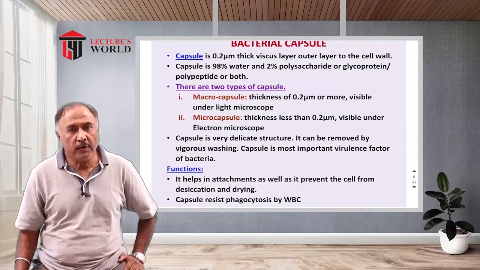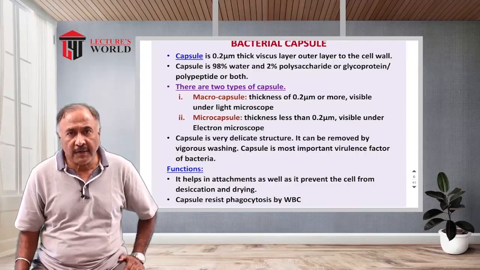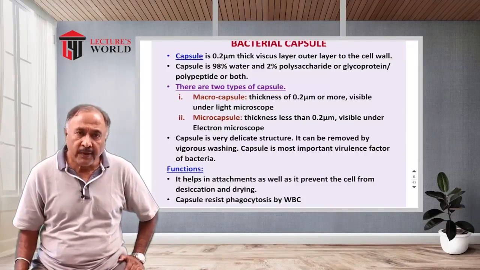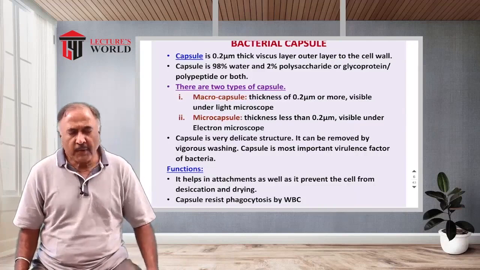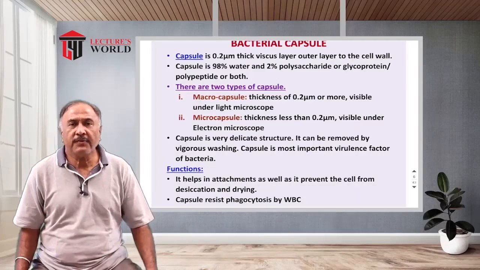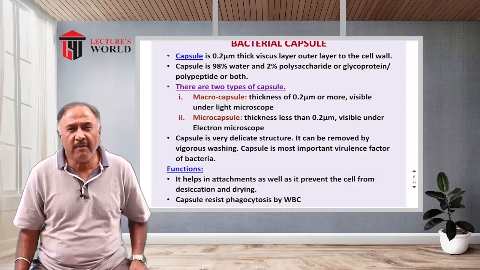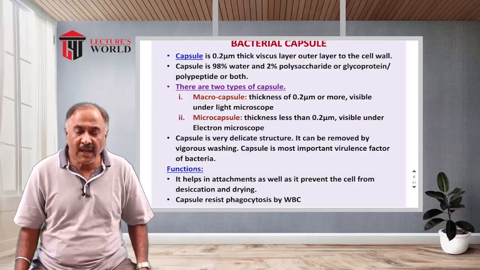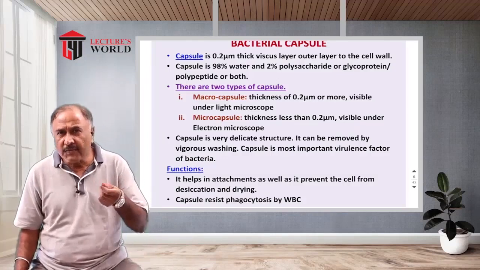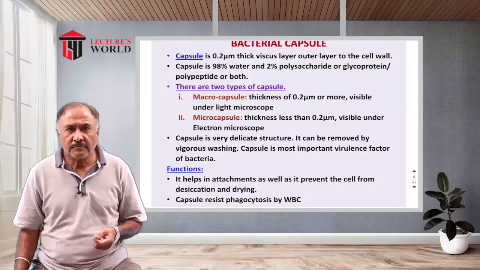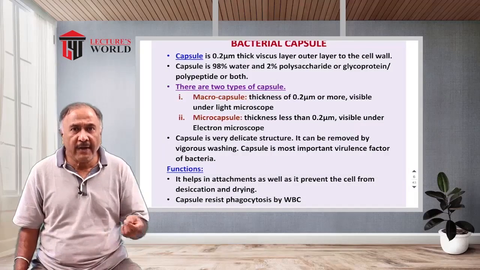One by one we are going to discuss all these structures in detail, and the first one is the capsule. Now, the capsule is unique in the sense that it is a very viscous, slimy layer. Slimy means sticky. Why is it sticky?